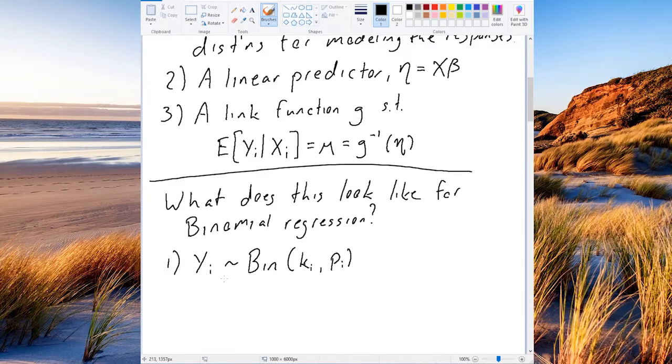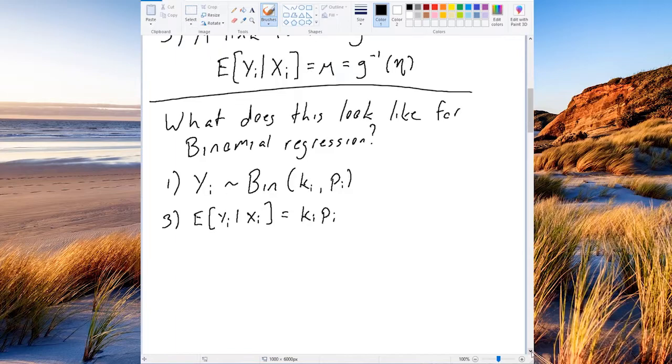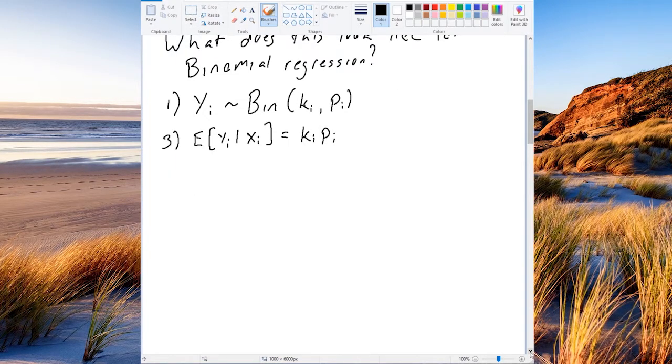Now, often we only have one observation for each covariate set, but we can change that up with the k_i. So let's skip down to 3. 2 is basically just telling us that we've got an x beta in here. And so the expected value of y_i given x_i in this case is going to be k_i times p_i, correct? So I need some way to relate k_i p_i to our x beta vector.